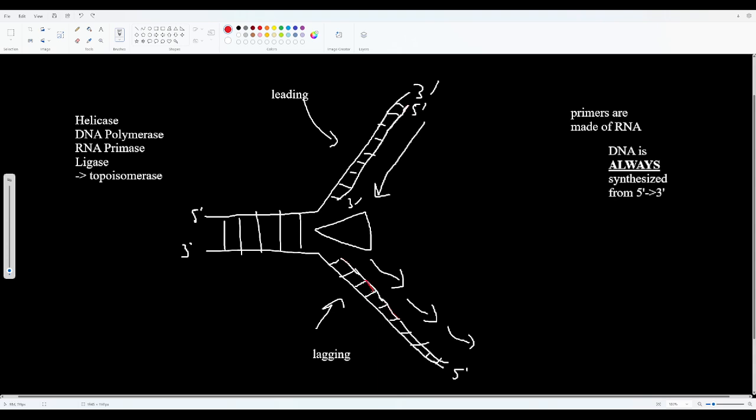So when we have these primers, the fragments of DNA that exist between them are called Okazaki fragments, named after the person who discovered them a while back. So these are called Okazaki fragments.